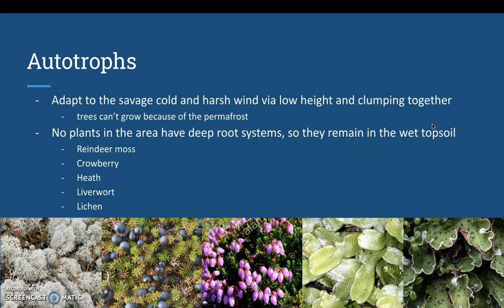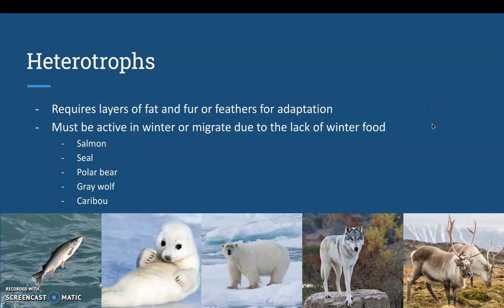Autotrophs have to adapt to savage cold and harsh wind via low height and clumping together, as you can see in the pictures, and trees cannot grow because of the permafrost. No plants in this area have deep root systems, so they remain in the wet topsoil. From left to right, it's reindeer moss, crowberry, heath, liverwort, and lichen.